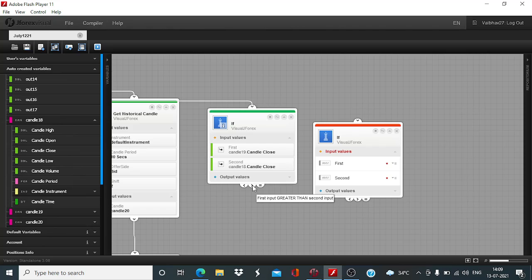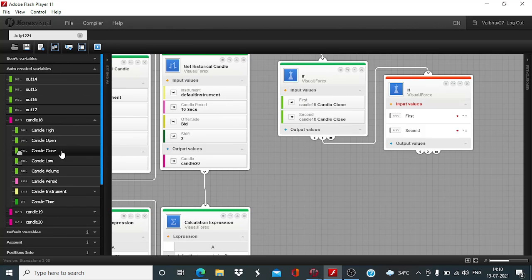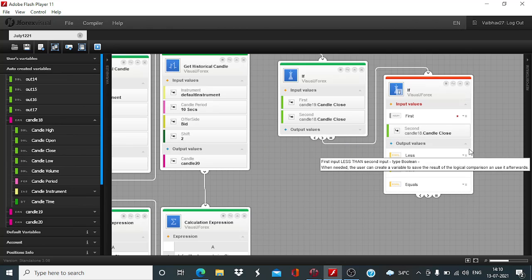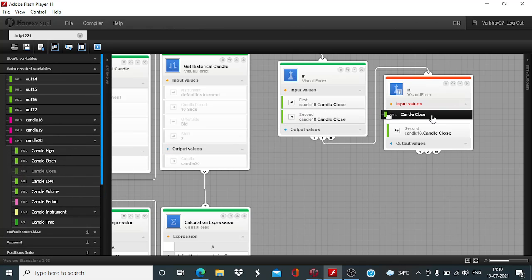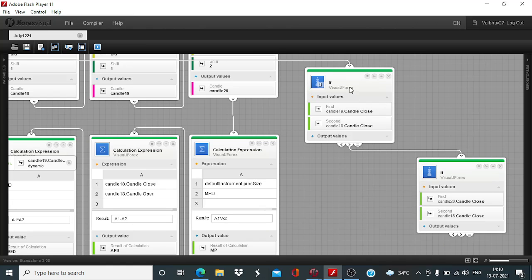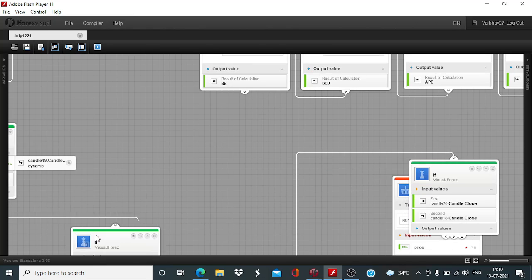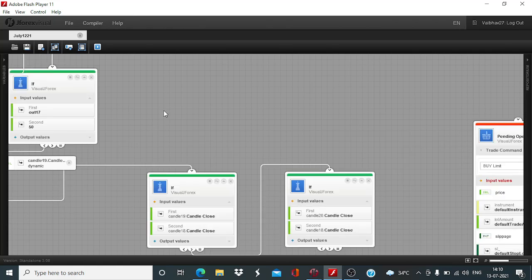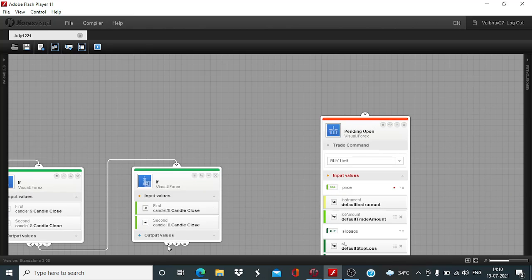First input greater than second input. First input less than second input.